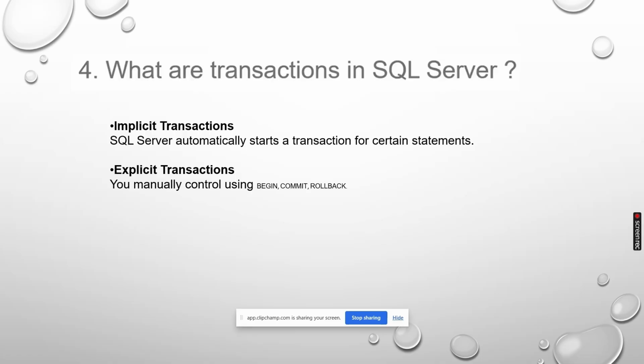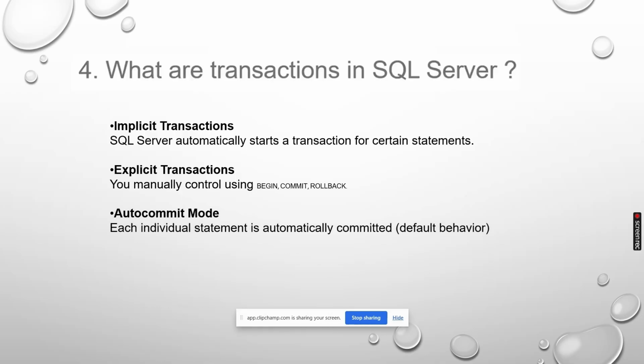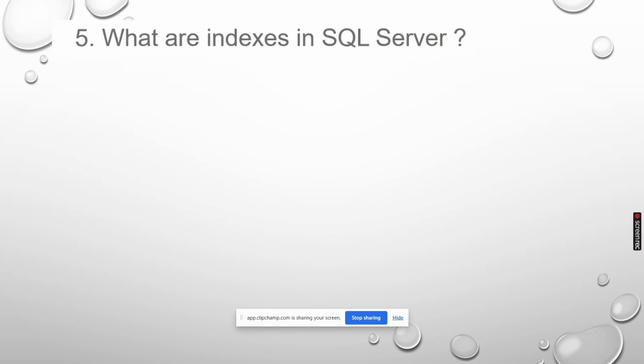This is called an implicit transaction. Explicit transactions: you manually start and end the transaction by using BEGIN, COMMIT, and ROLLBACK. The next one is auto-commit transactions. Auto-commit is the default mode in SQL Server. Each individual statement is automatically committed.